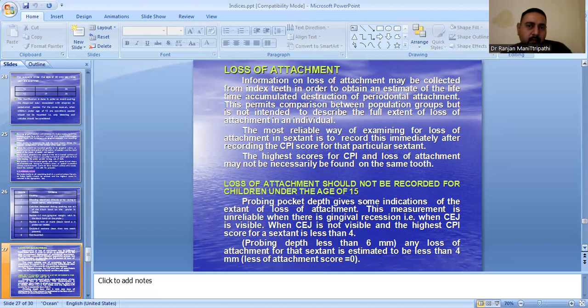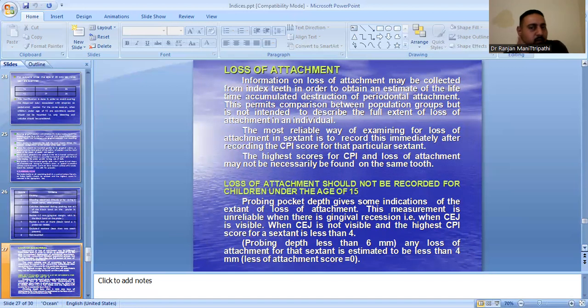Information on loss of attachment may be collected from index teeth in order to obtain an estimate of the lifetime accumulated destruction of periodontal attachment. This permits comparison between population groups, but it is not intended to describe the full extent of loss of attachment in an individual.